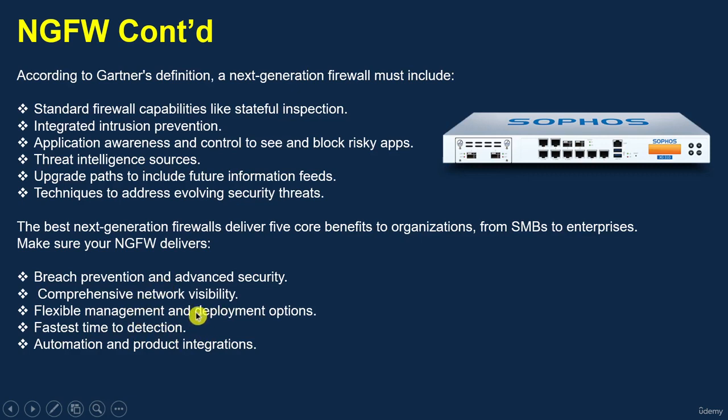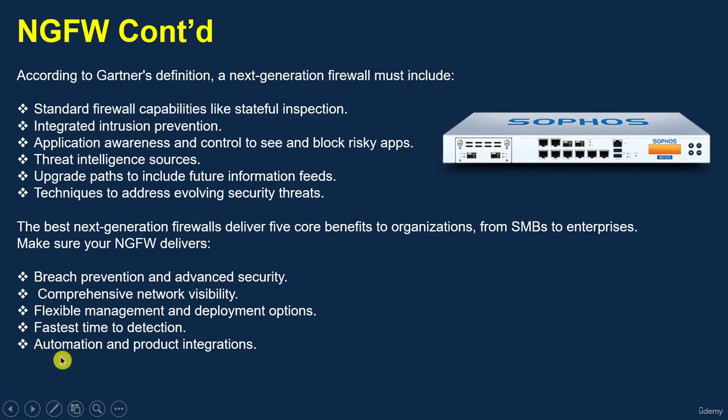Centralized management is also needed: deploy on-premise, cloud, or virtual, any platform must be supported. The next one is faster time to detection. That means you can detect threats in seconds and detect the presence of a successful breach within hours or minutes. A past alert system will also be there.